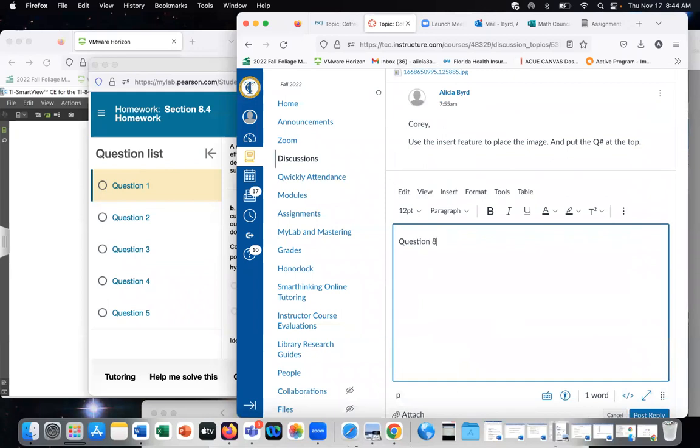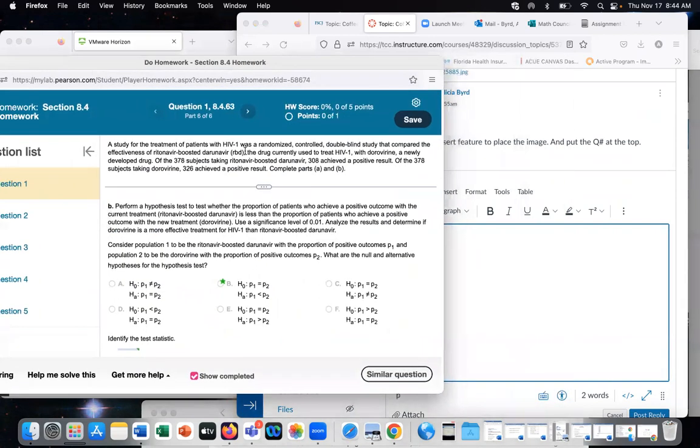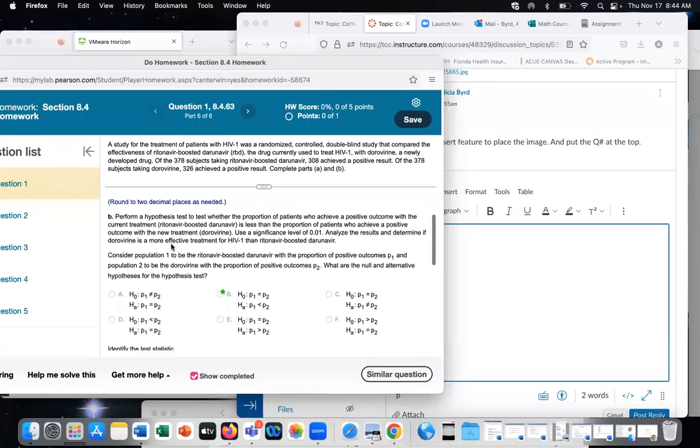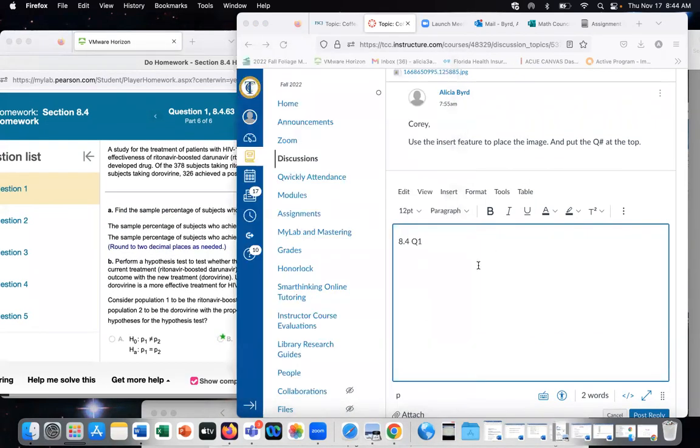Yeah, we can do my numbers real quick. It's 8.4 question 1. So we'll pull up our X1 and N1.